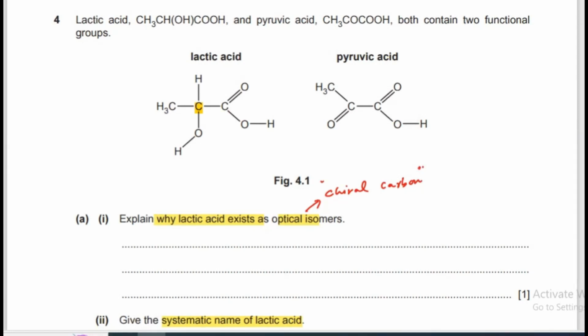If we look at lactic acid, you can see that this carbon is attached to 4 different groups. So lactic acid contains a chiral carbon.